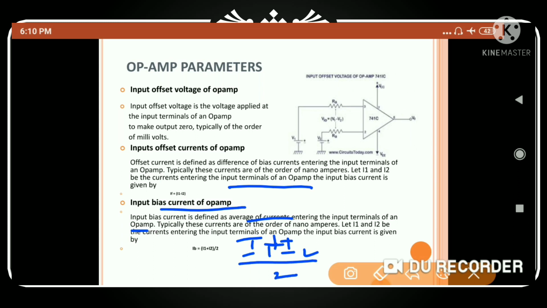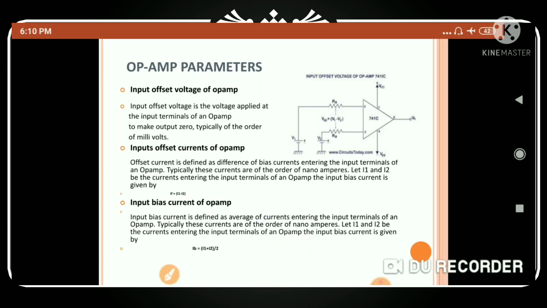This average of the currents entering the input terminals of the op-amp is known as the input bias current of an op-amp. These are also of the order of nano amperes. Let I1 and I2 be the currents entering the input of an op-amp. Then the input bias current is given by the average of I1 and I2.